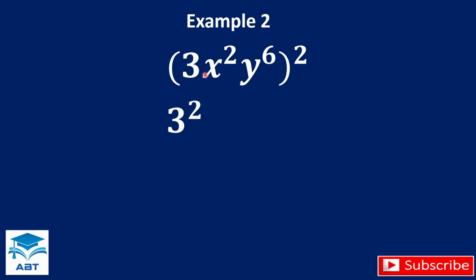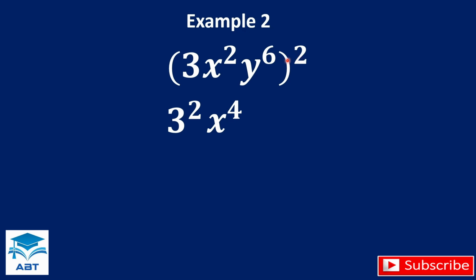The next one, we have x exponent 2. And so this exponent will multiply the exponent outside the bracket, and it will give us 4. So we have x exponent 4 here. Then we move to y. Y is having an exponent of 6, and there is another exponent of 2.